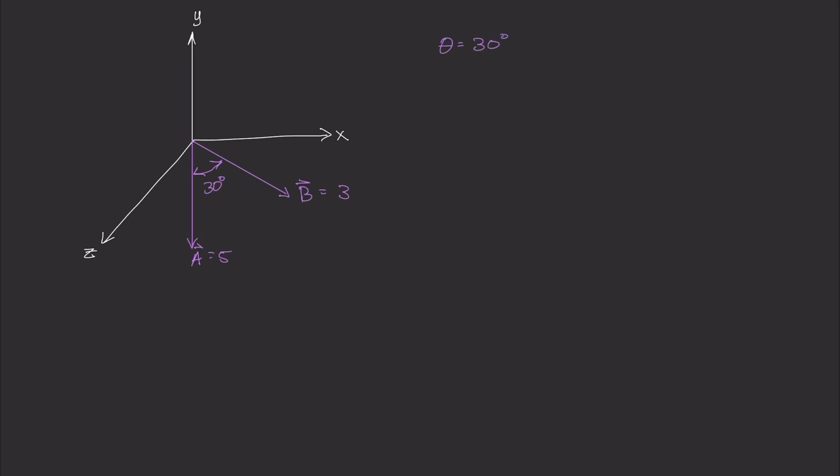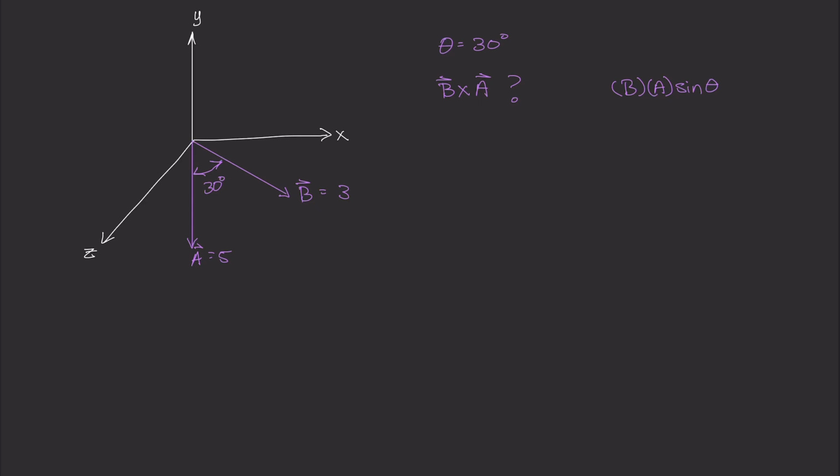And the question is asking us, what is B cross A? What is this value right here? Well, we know that the vector product of B cross A is going to be equal to the magnitude of B times the magnitude of A times the sine of the angle between those two vectors. And remember, theta has to be 180 degrees or less. In this case, it is, so we take this value of theta, which is 30 degrees.